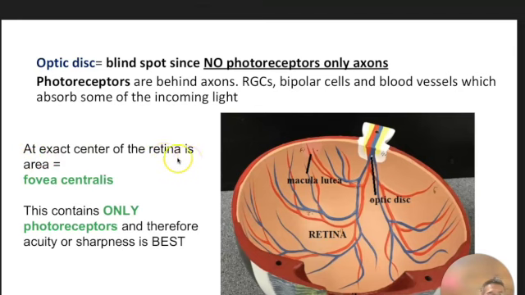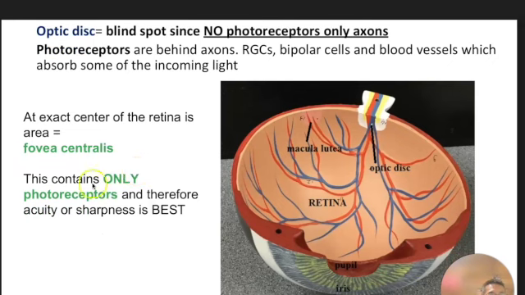At the exact center of the retina is the fovea centralis. In here you can't see it. That's why you have the best visual acuity there. It contains only photoreceptors and therefore the acuity and sharpness are the best at the fovea centralis.